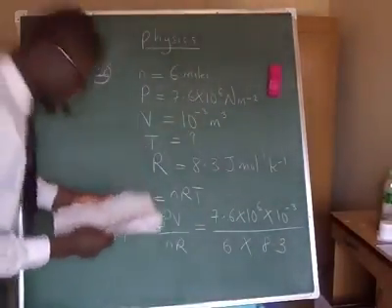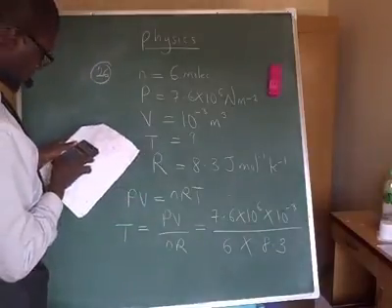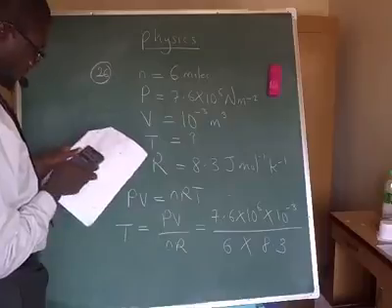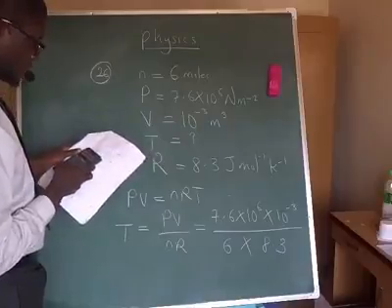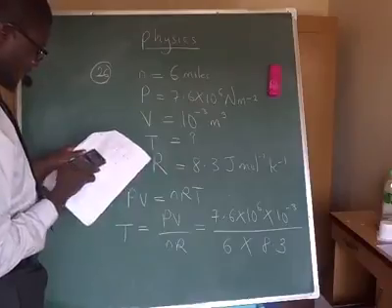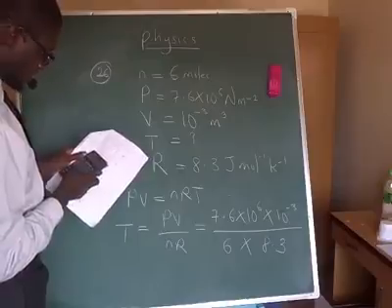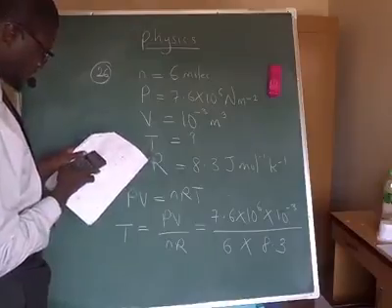Let's see what we have. 7.6 exponential 6 multiplied by exponential minus 3, divided by 6, divided by 8.3.